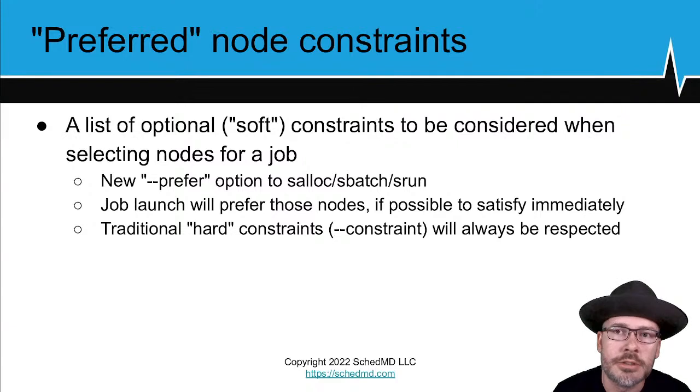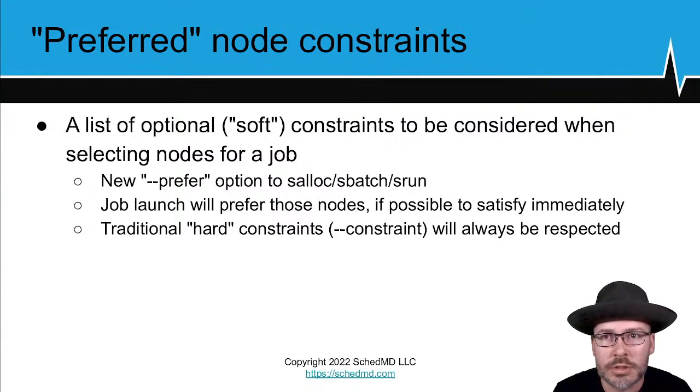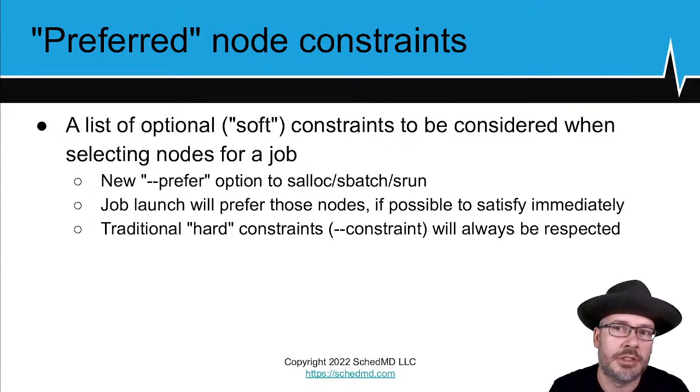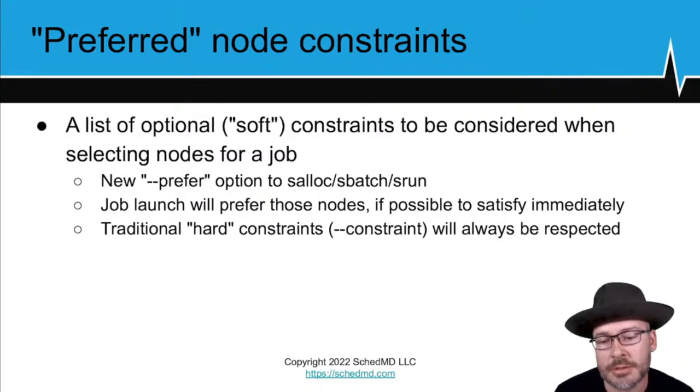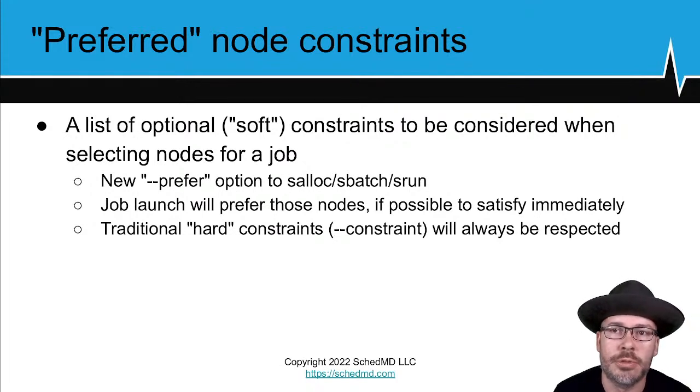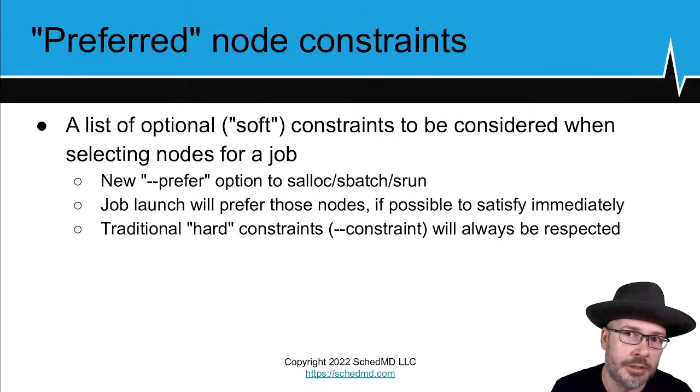Especially for more heterogeneous environments, this is quite powerful to let the users steer their workload without needing to configure endless numbers of different partitions targeting specific discrepancies in successive generations of equipment. This also comes in alongside the cloud environments a lot to help you have ways to distinguish between different instance types. This can be used for other things like dynamic node features through the node features plugin.